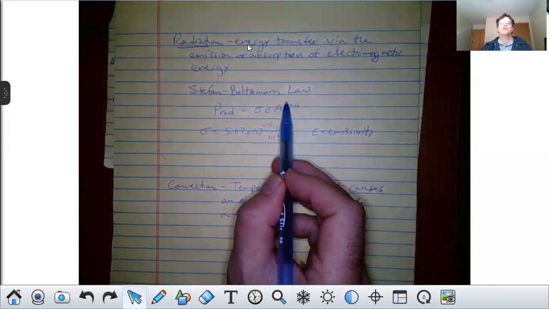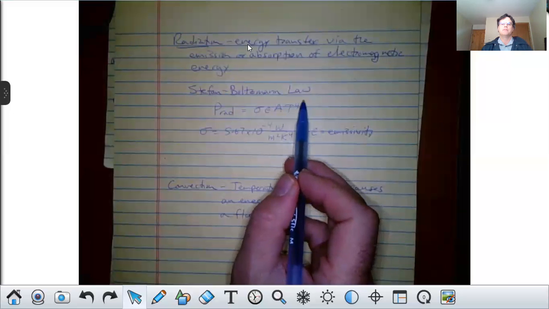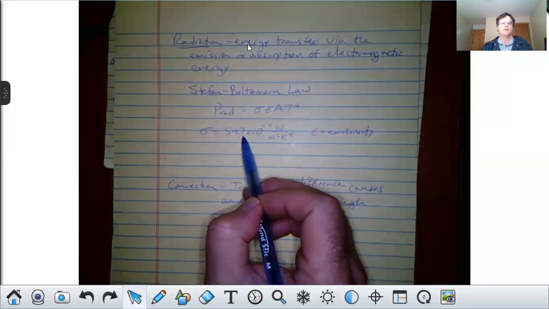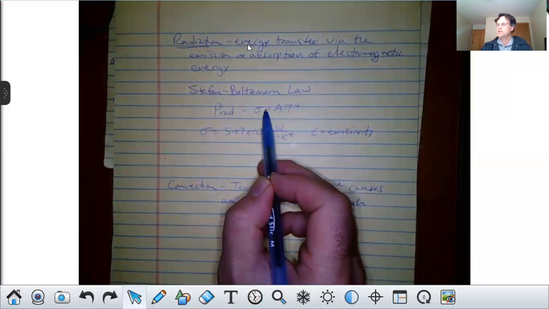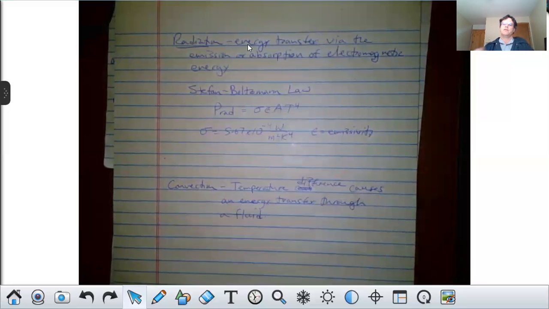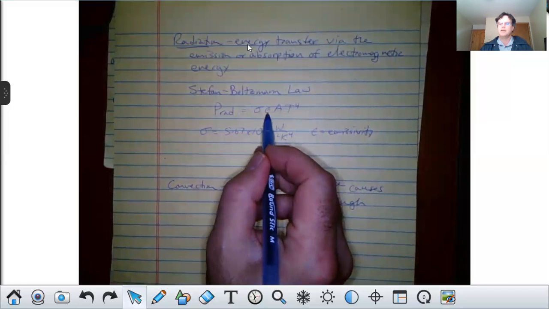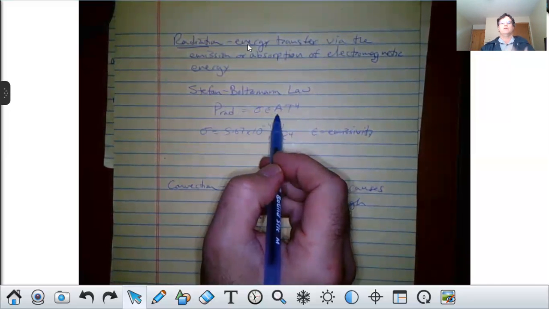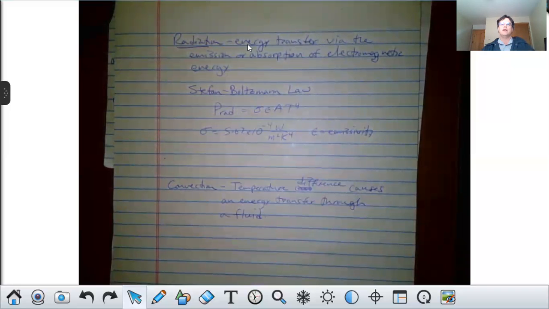emit heat proportional to the fourth power of the temperature. There's also a constant that's involved, which is called the Stefan-Boltzmann constant. And there's the emissivity of the material, right? If it's a perfect emitter, this E or epsilon will equal 1. It's also related to the surface area, A, of the sun or whatever material is emitting the radiation.